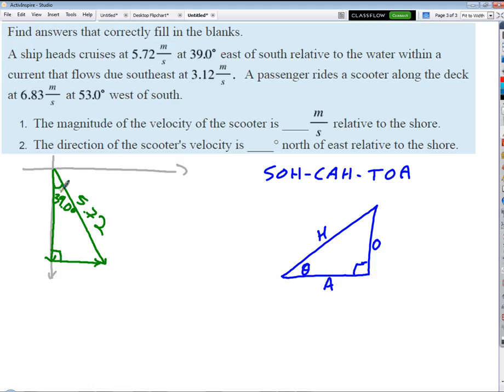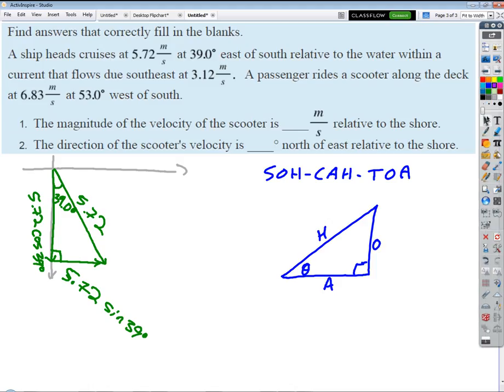So this one's going to be 5.72 sine 39 degrees. What about the vertical component? That one's going to be 5.72 cosine 39 degrees.